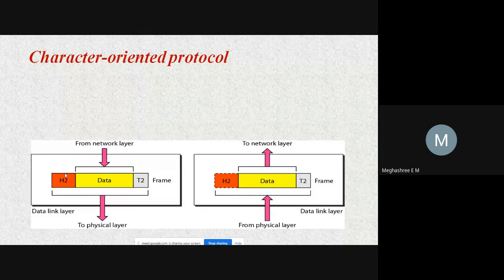So what is there in the header part? It is information that is required for the receiver to process this particular data. That may be source address, or destination address, or some other control information required for the receiver to process the data. So encapsulation happens at the sender side, and decapsulation happens at the receiver side.